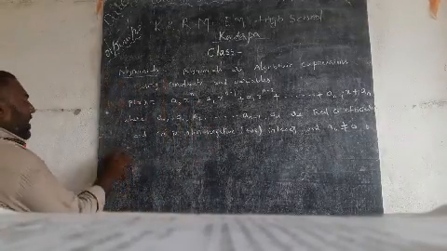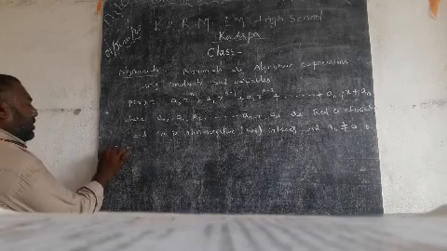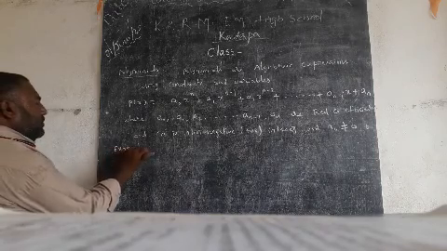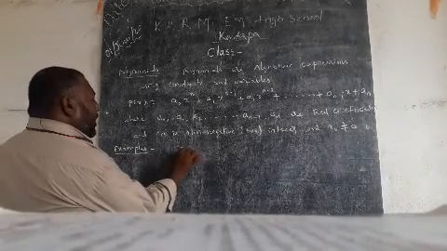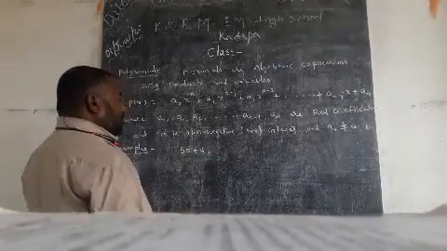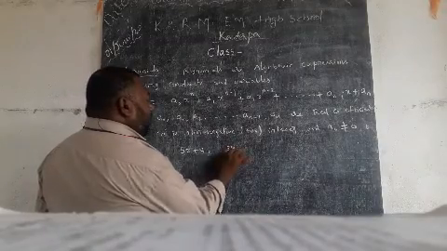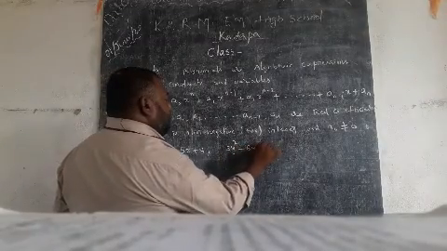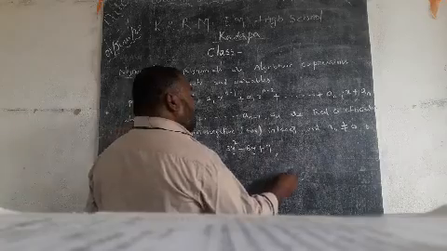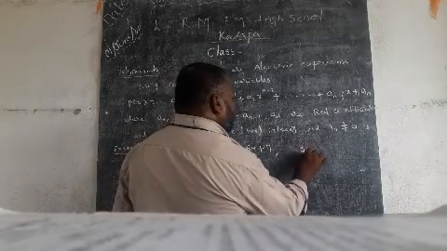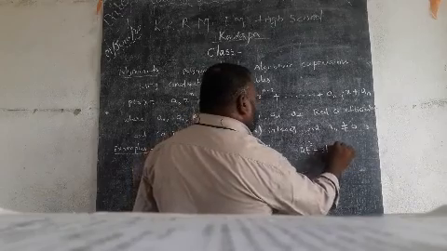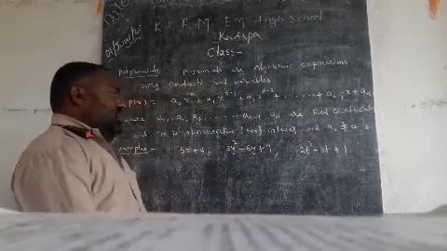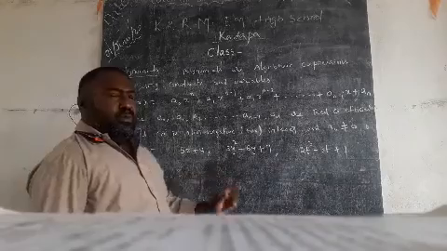So some examples of polynomials: 5x plus 4, 3y square minus 6y plus 7, 2p cubed minus 3p plus 1. So these are some examples of polynomials.